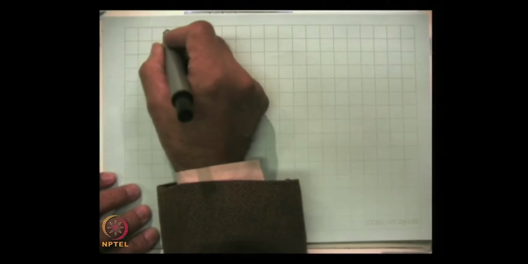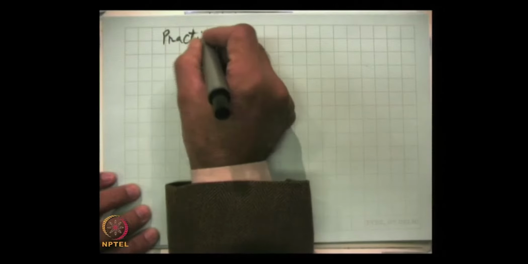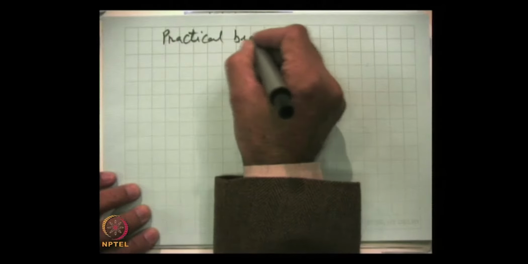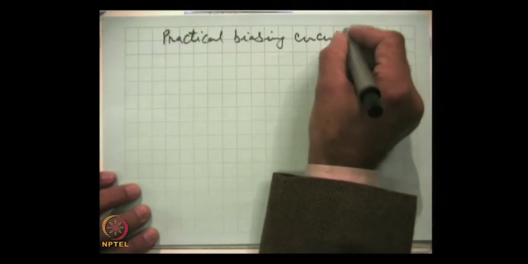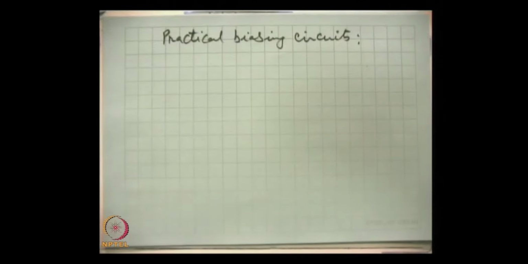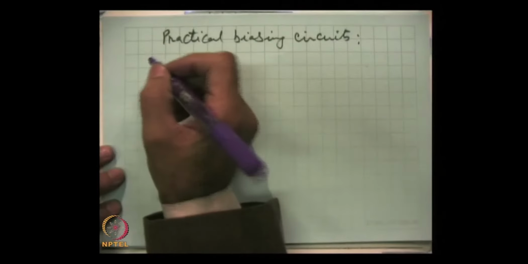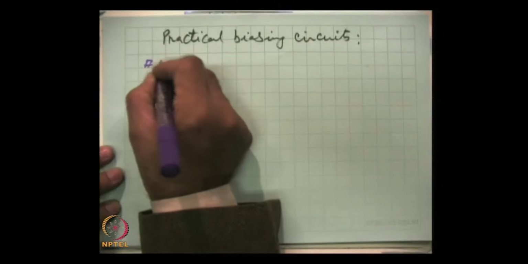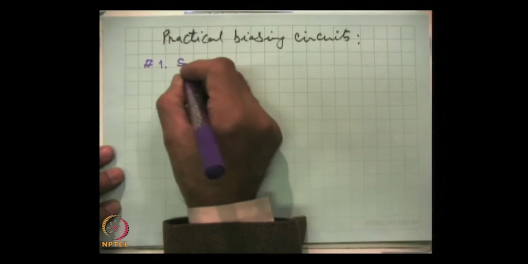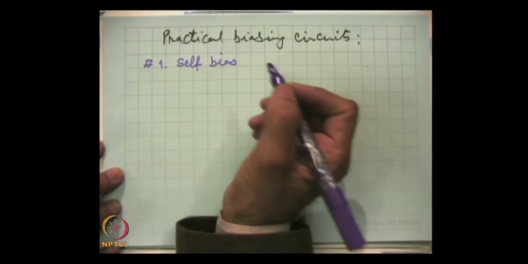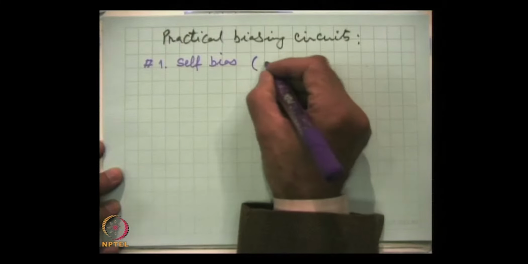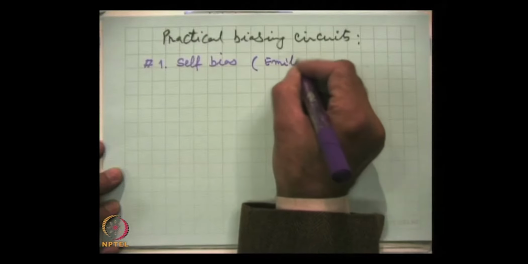Practical biasing circuits, there are 3 circuits. One is what we call self bias, which is also called emitter resistance bias.